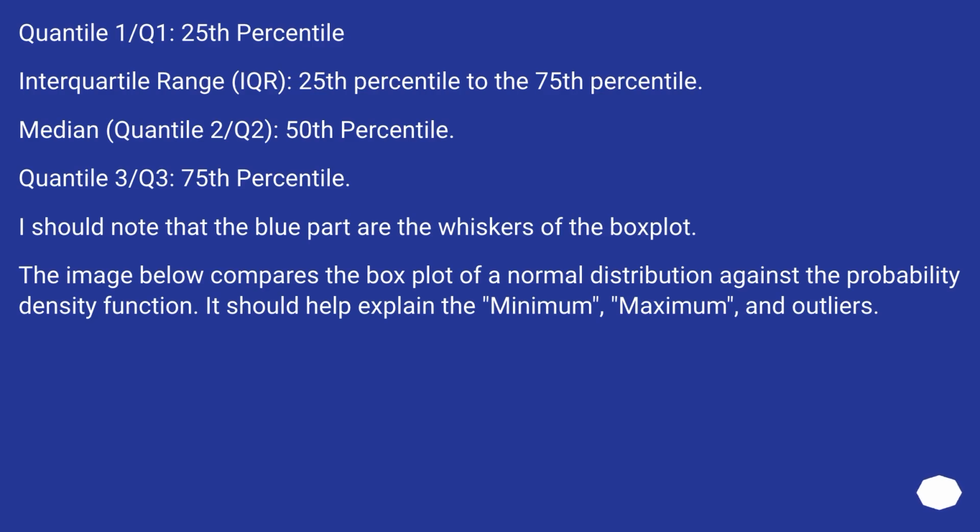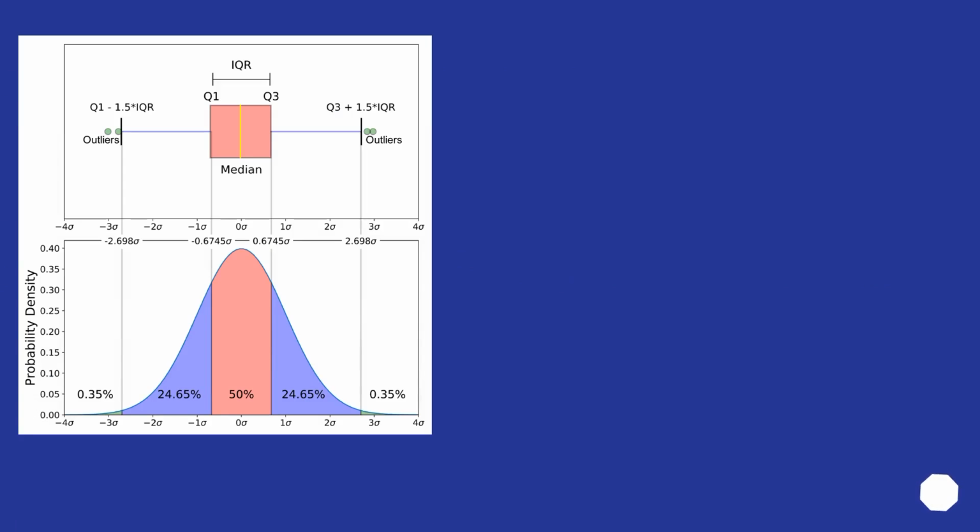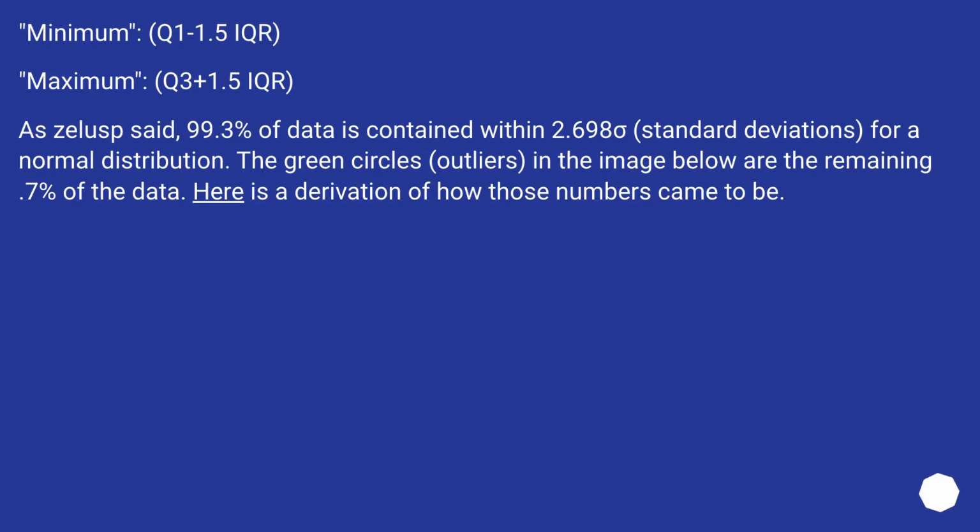The image below compares the boxplot of a normal distribution against the probability density function. It should help explain the minimum, maximum, and outliers. Minimum, Q1 minus 1.5 IQR.